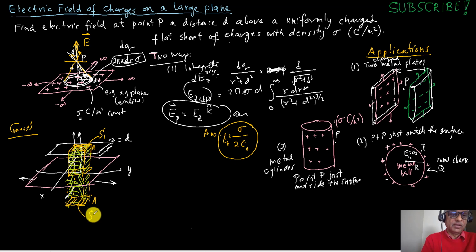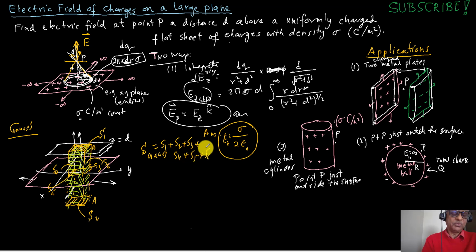Let's call it S2, and S3, S4, and the front S5, and the back S6. So I've got 6 surfaces, and so S Gauss equals S1 plus S2 plus S3 plus S4 plus S5 plus S6.